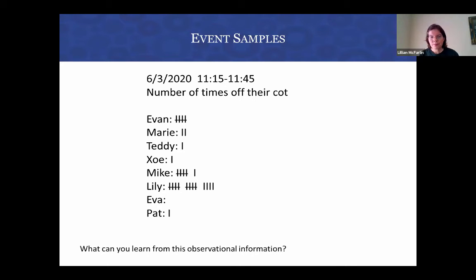Because I usually go on my lunch break at this time, and my assistant teacher that's in there said, I can't handle these children. They're all running around. I can't get anybody to stay on their cot. So I decided to go in and get actual information about what was going on. What can I learn from the information I took?